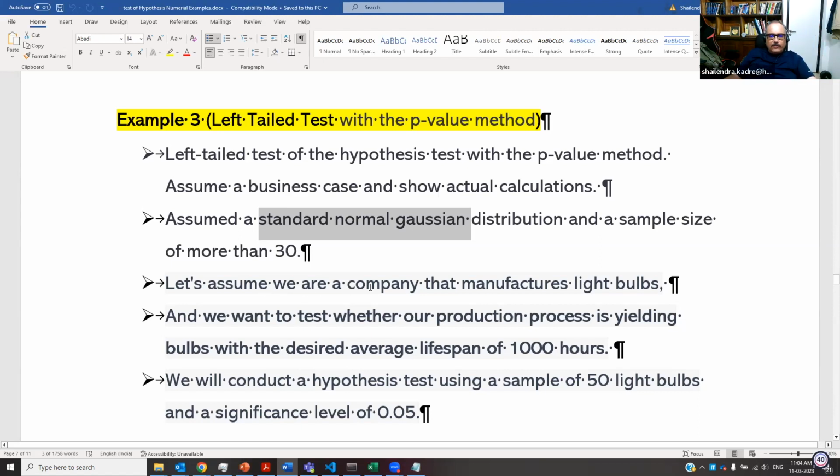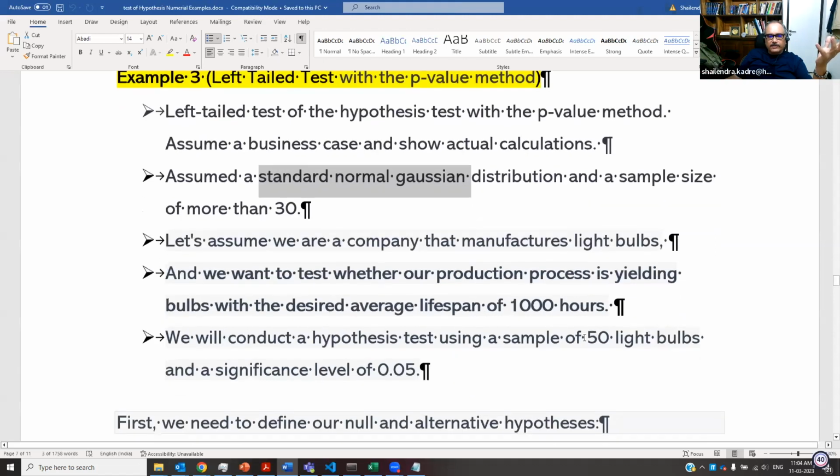Let us assume that we are a company that manufactures light bulbs, and we want to test whether our production process is yielding bulbs with the desired lifespan. We want to test whether all the bulbs we are producing have a minimum lifespan of 1,000 hours.